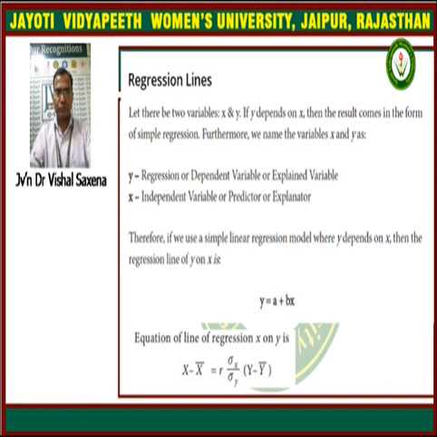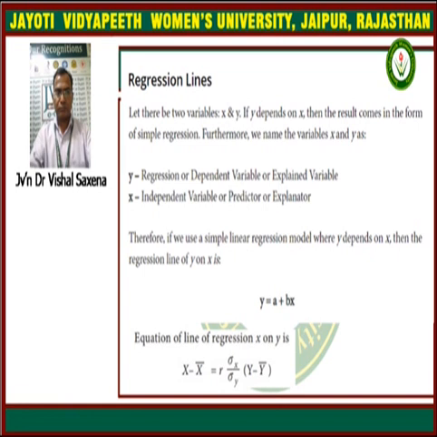The second line of regression is given by a similar formula, where x is replaced by y and y is replaced with x. So the regression line of y on x can be obtained as y minus y bar is equal to r into sigma y upon sigma x into x minus x bar.